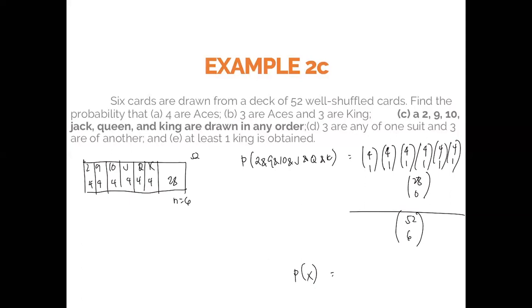So, over 52C6 pala. Okay? Yung result natin is 0.0002012 or 0.02012%. Okay?